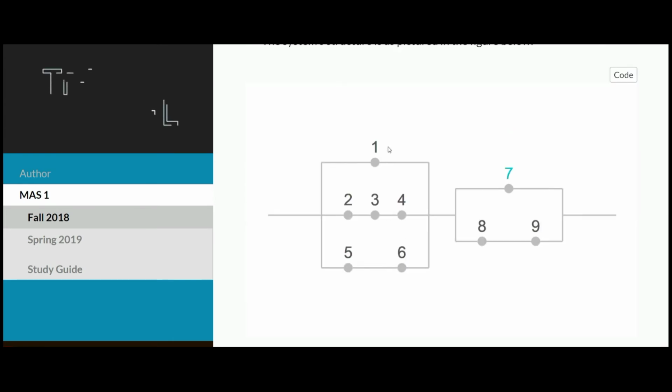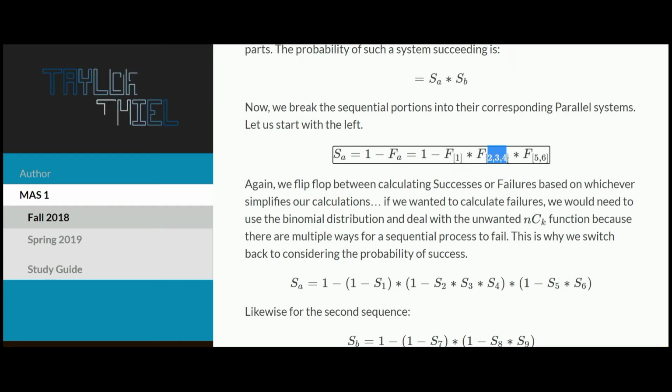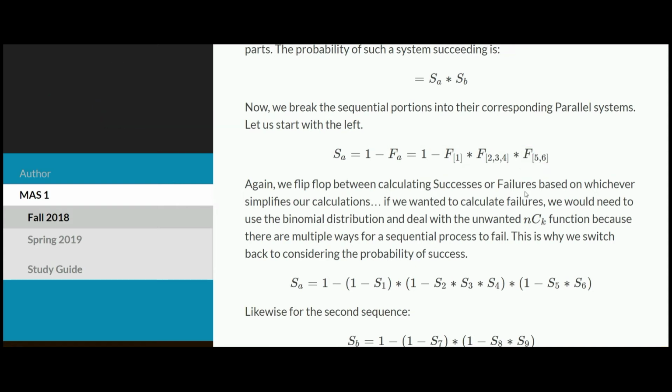Going back to the image, the only way you don't get from this point to this point is if 1 fails, and 2, 3, or 4 fails, and 5 or 6 fails. It's okay if 2 and 3 succeed but 4 fails, you still don't get through to the next checkpoint. So this is the failure of the sequence of just 1, the failure of the sequence of 2, 3, and 4, which can happen in a number of different ways, and then the failure of the section 5 and 6.